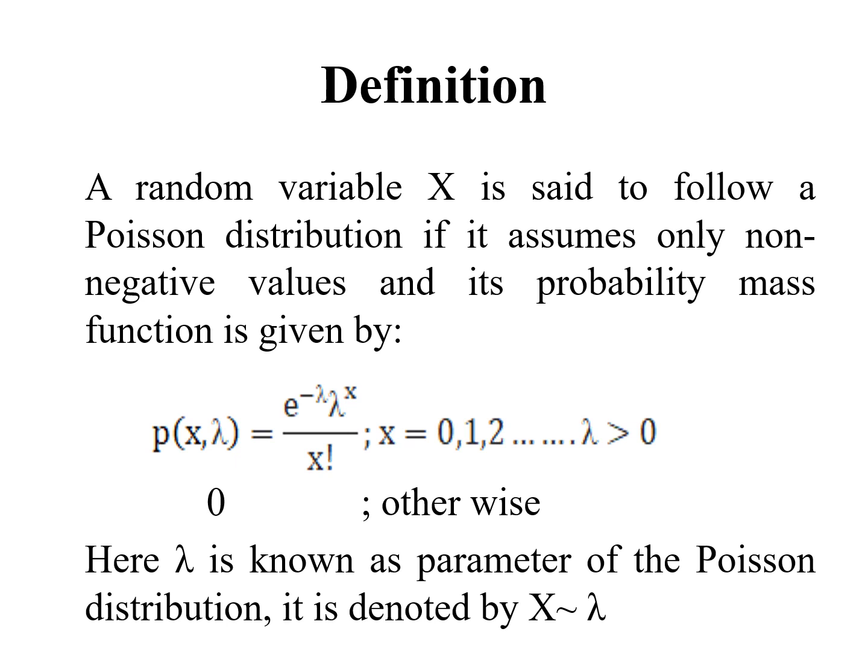Here lambda is known as the parameter of the Poisson distribution, and it is denoted by x follows Poisson lambda.